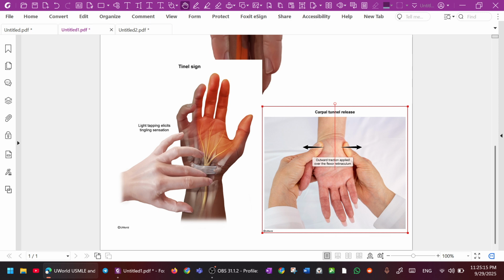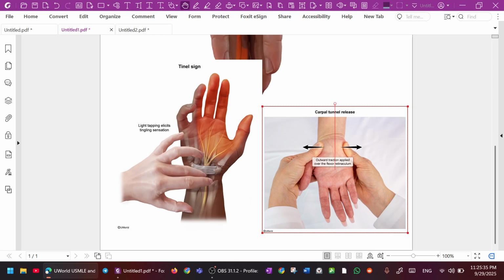Although pronator teres syndrome causes pain and paresthesia in the first three digits, sensory symptoms are also expected over the thenar eminence due to proximal median nerve compression, which, unlike in CTS, includes the palmar cutaneous branch.